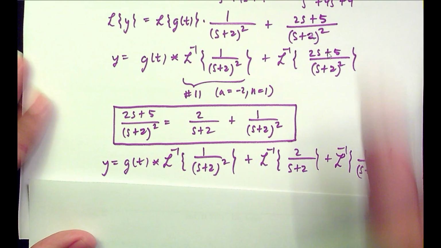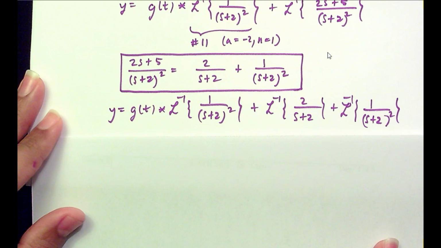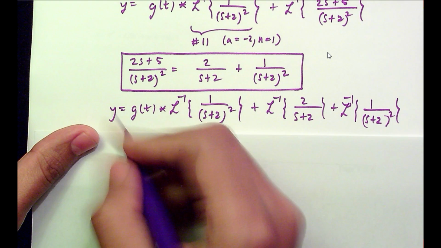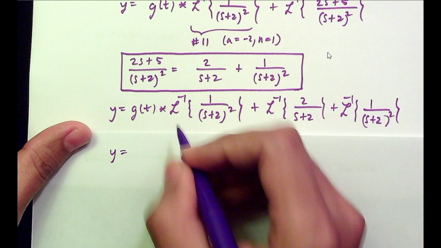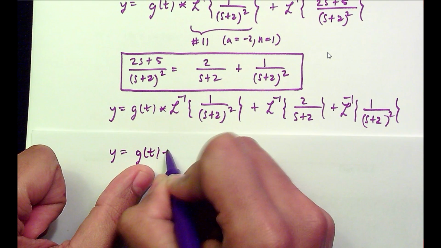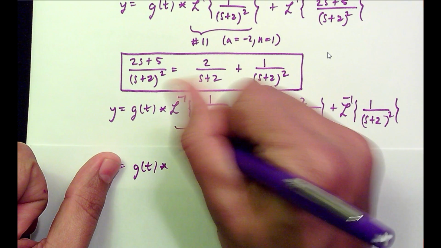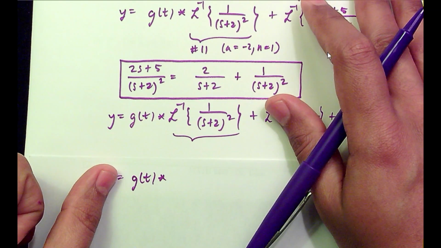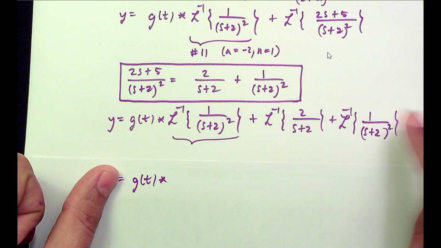We're going to probably be a few more steps. So y equals g of t convolved with, and using, well, let me write that here. This one, I already wrote it over there. Again, this is number 11 with a equals negative 2 and n equals 1.